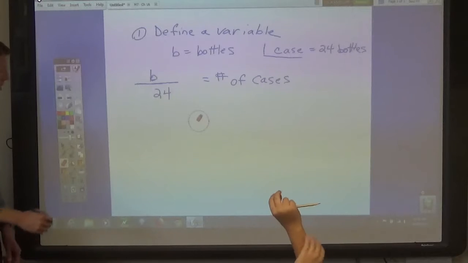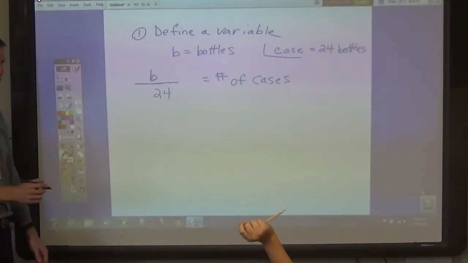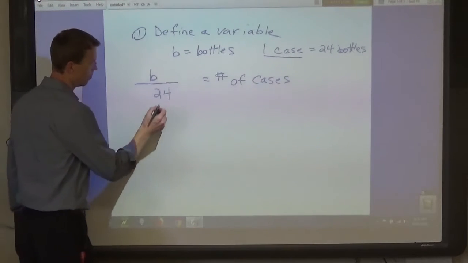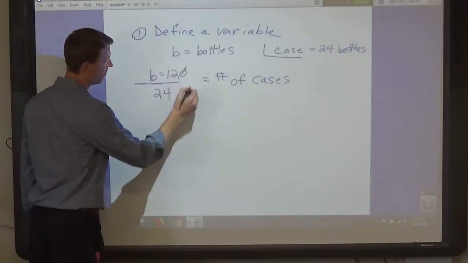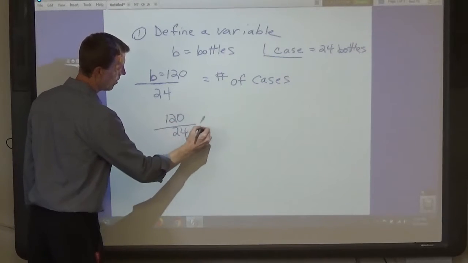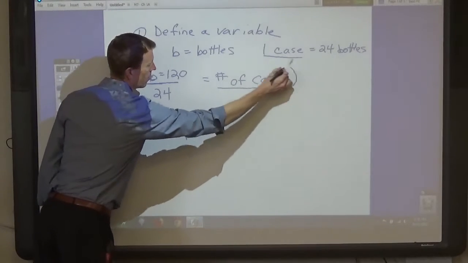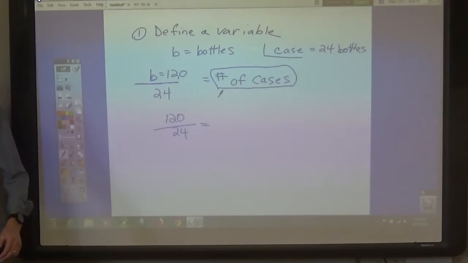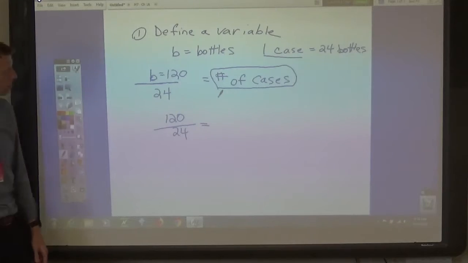How would we put that in then? How would we find out how many cases? Bennett? B equals 120. Right. So do 120 divided by 24, and that equals the number of cases. 5 cases. Yep.